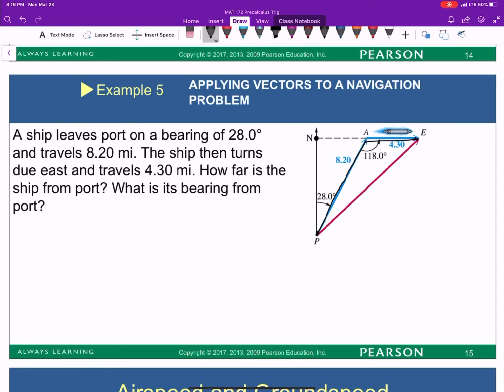So we look at point, so that's PAE, and we see that's 118 degrees. So if we want to find NAP, we know that we just subtract the 118 from 180.